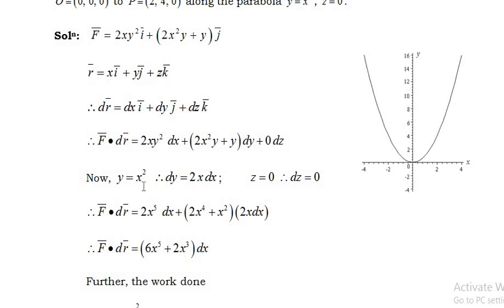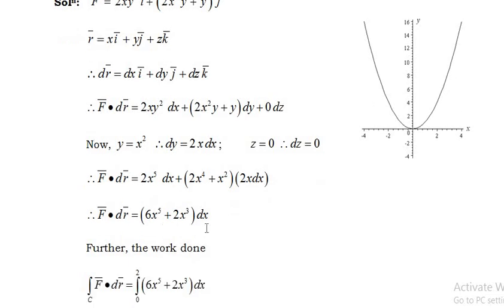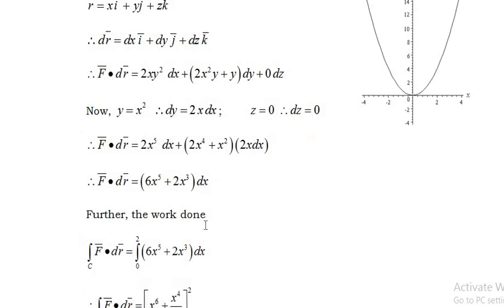Now F bar dot dr bar equal to 2 into x to the power 4 into dx, that is 2 x to the power 5 dx, plus 2x square plus x square into 2x dx, that is plus 2x to the power 4 plus x square multiplied with 2x dx. And this is equal to, again dx is common, 2 x to the power 5 plus 4 x to the power 5, that is 6 x to the power 5 plus 2x cube, multiplied with dx.